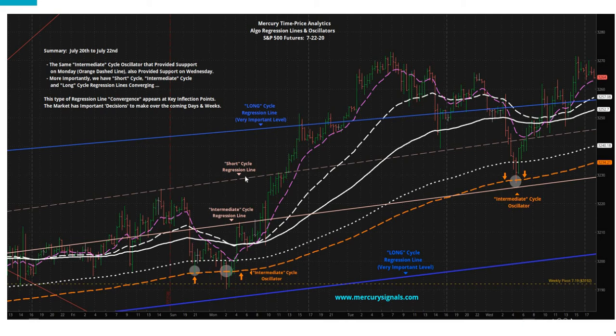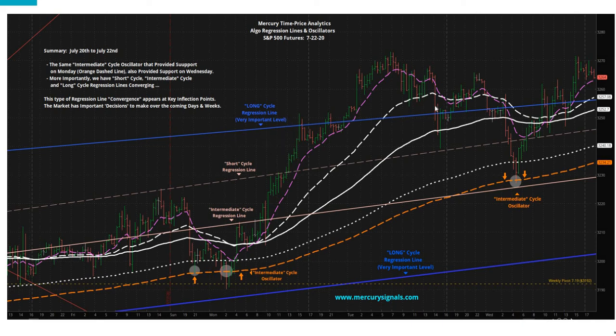And of these tan ones, we've got a short cycle regression line, and we've got an intermediate cycle, the solid one. Well, here we've got 2 very important long cycle regression lines, and this one is the big kahuna. This thing goes back many, many moons.